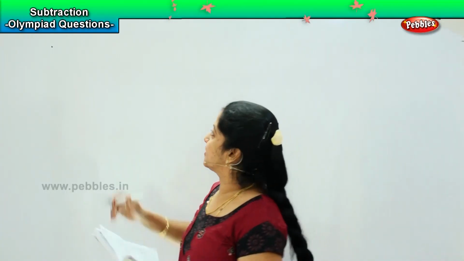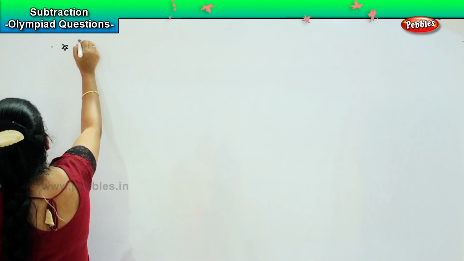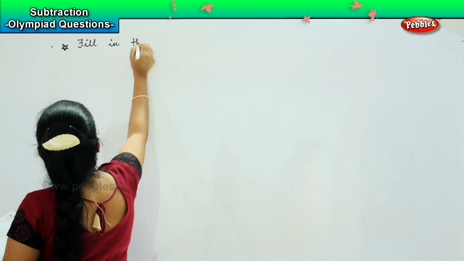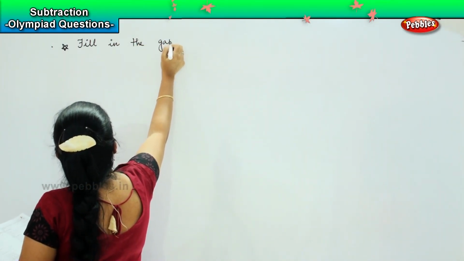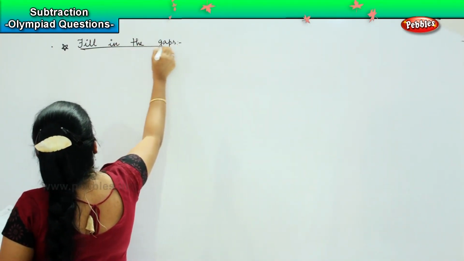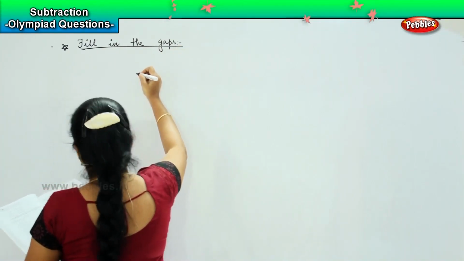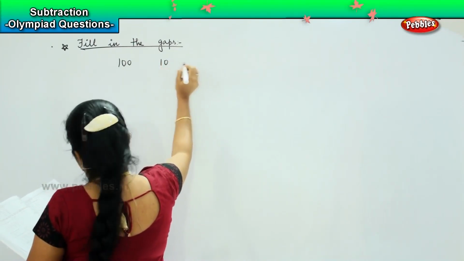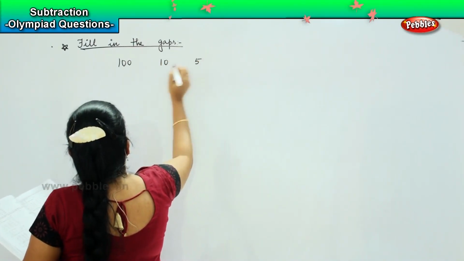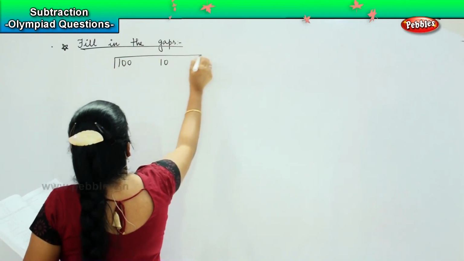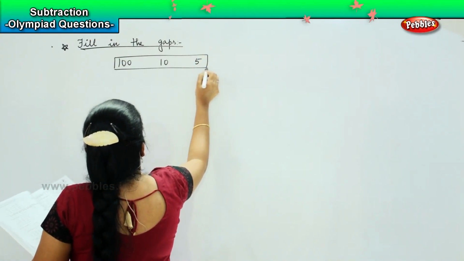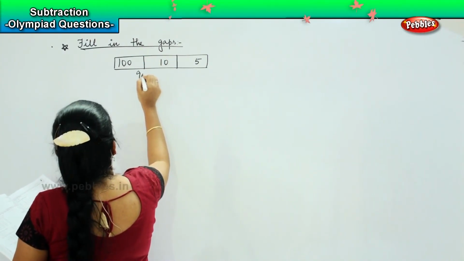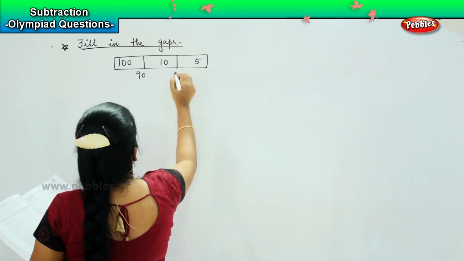Here is your next question. The question says filling the gaps. Okay. And 100, 10, 5, then it is 90 and 5 again.